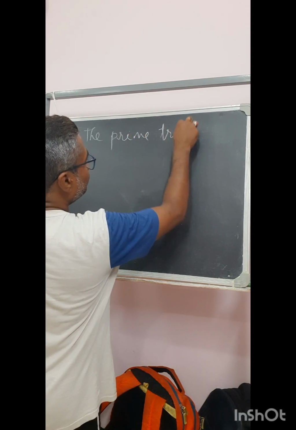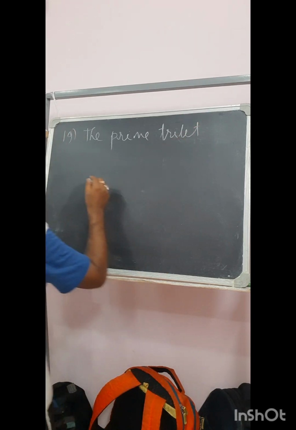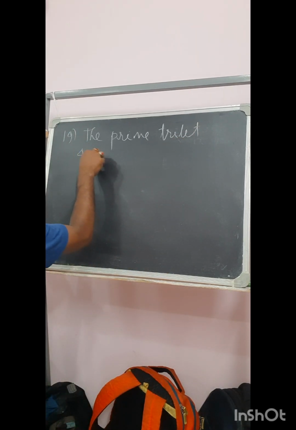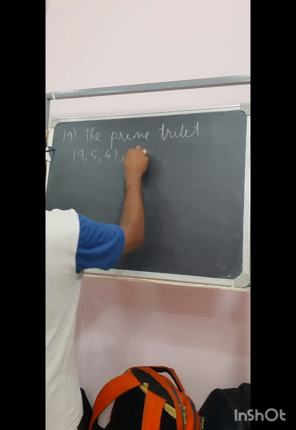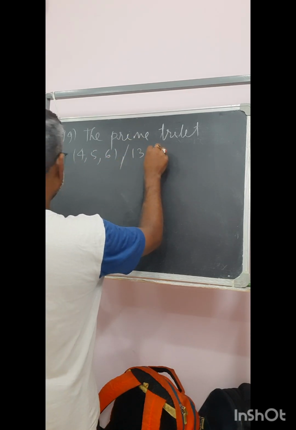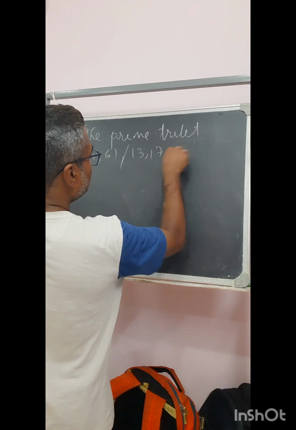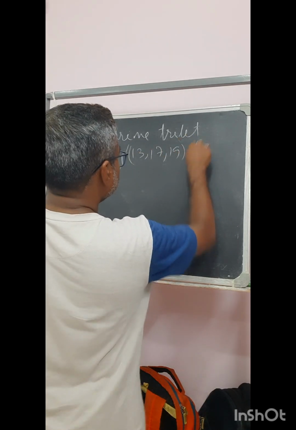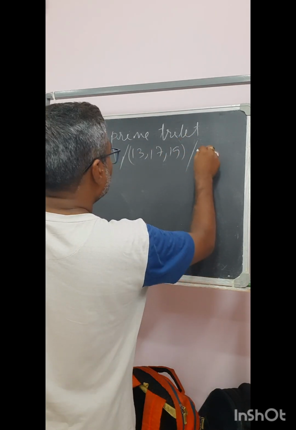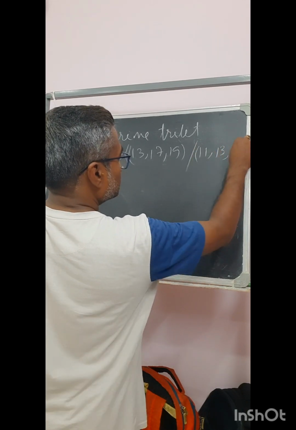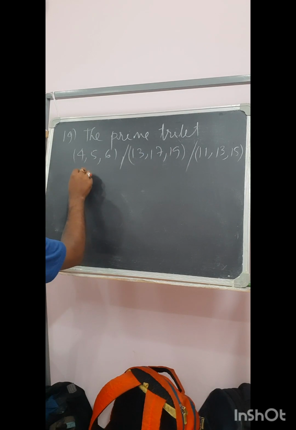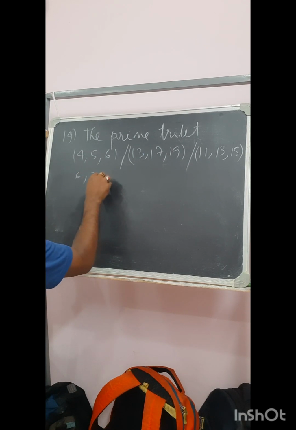You have to find the prime triplet out of the options given: 4, 5, 6; 13, 17, 19; and 11; then 6, 7, 11.